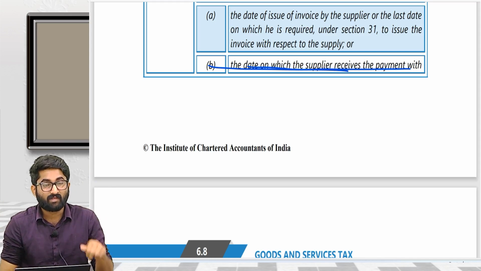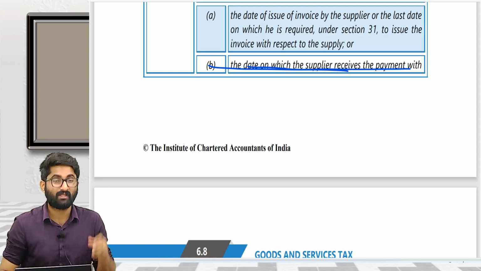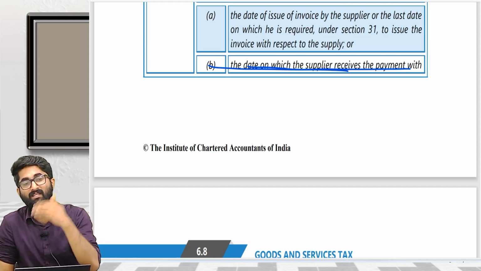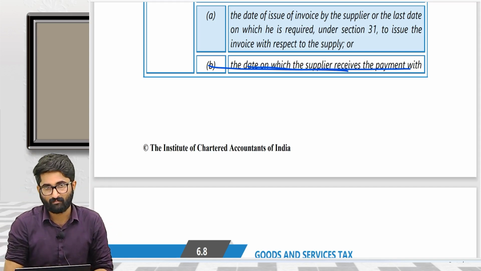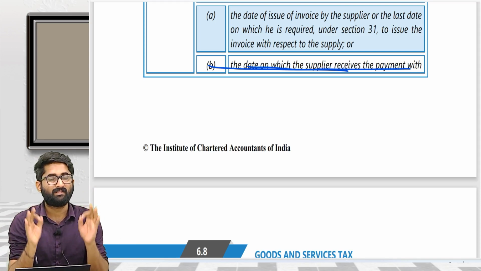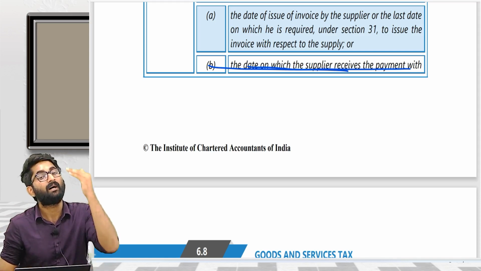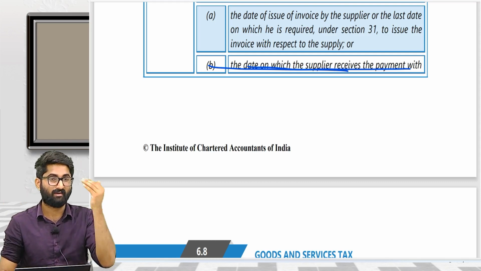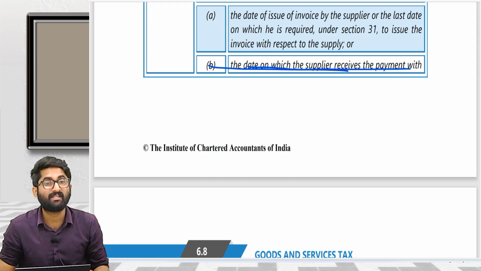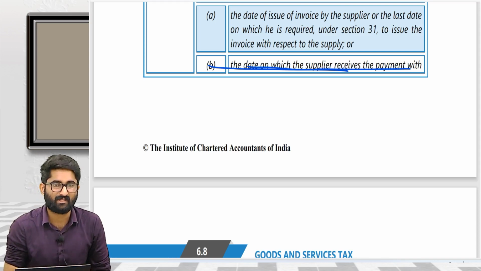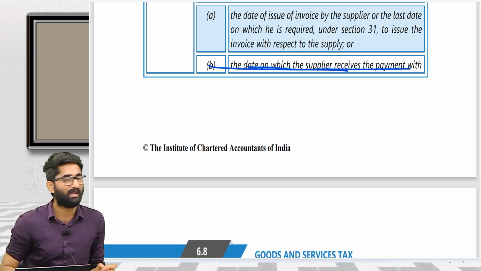As per section 31 subsection 4, for continuous supply of goods, if a statement is there, then on or before the statement; otherwise, on or before the payment. Section 31 subsection 7, sale on approval basis: it is the approval date or 6 months, whichever is earlier, that will be the last date to issue the invoice. That we have discussed in the section 31 invoice chapter.